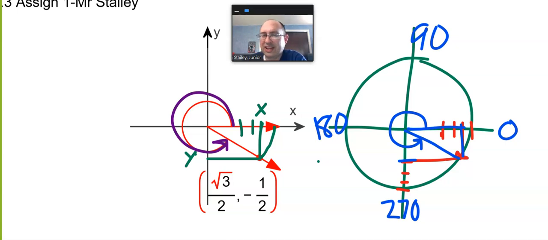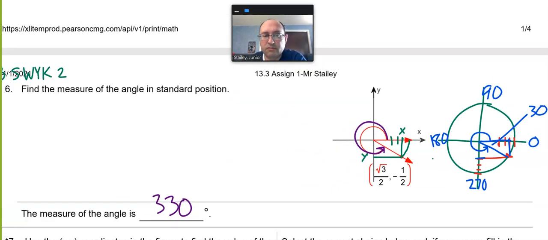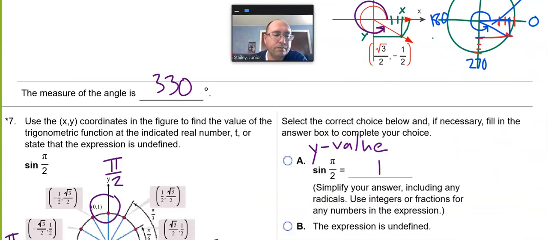This looks like a 30-degree angle inside the triangle. So you're saying we're 30 degrees short of 360? That's right, folks. We are at 330 degrees. Just 30 degrees shy of a whole circle.